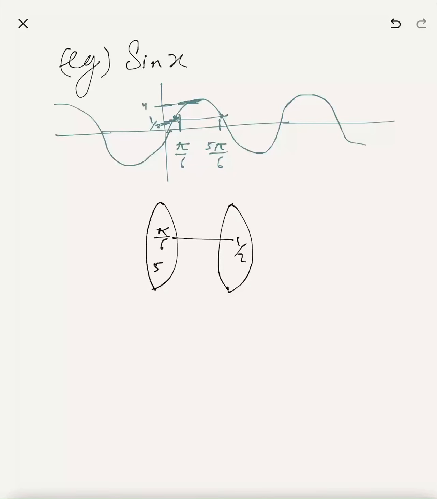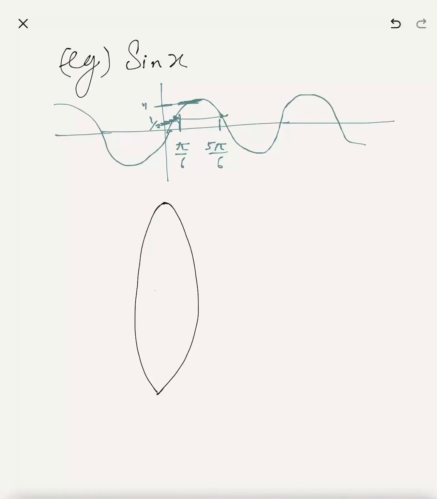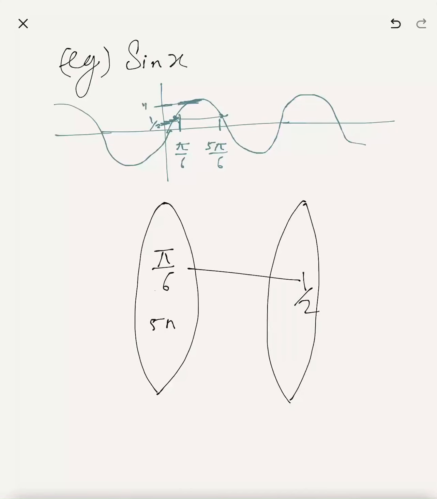And at 5 pi/6, that is 150 degrees, again you have got output half.